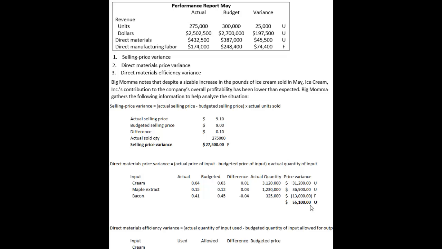So if I know that I have a $55,100 unfavorable price variance, doesn't that mean that I have a favorable efficiency variance to get back to 45.5? And the answer is no, because this is a static budget. You can't compare a static budget to the actual results. So it's kind of misleading to look at it this way. And I'll show you what I'm talking about next as we look at the materials efficiency variance.